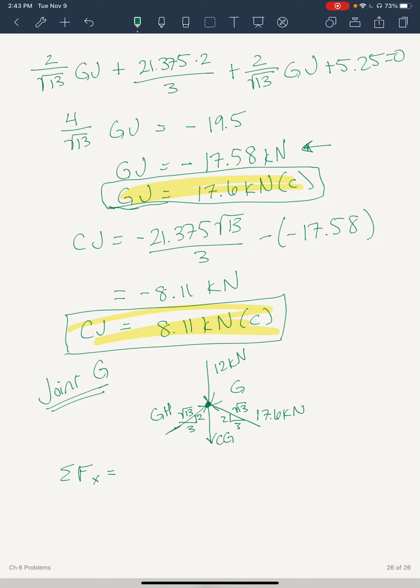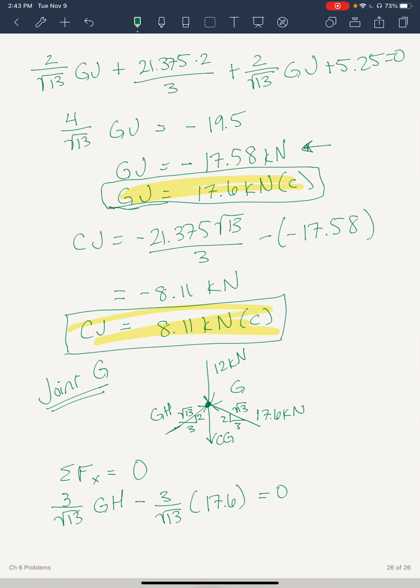But sum the forces in the x direction equals 0. And we'll get that x component of GH. So that'd be 3 over the square root of 13 times GH minus 3 over the square root of 13 times 17.6 kilonewtons equals 0.